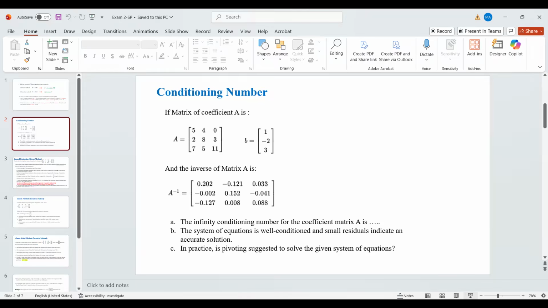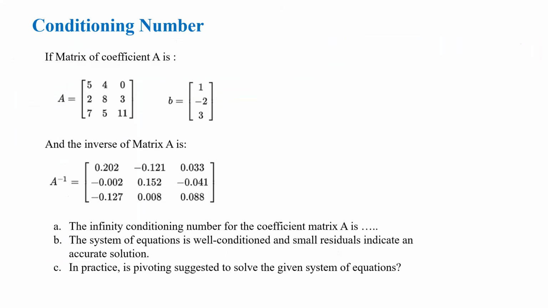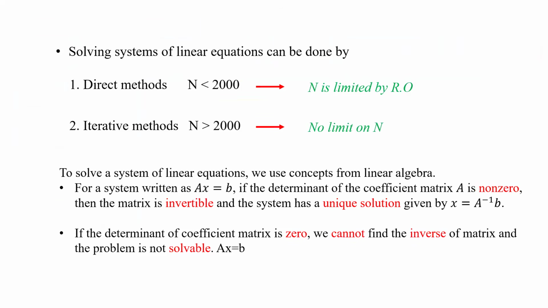First, we start with solving the system of linear equations. If you remember, for solving a system of linear equations, we have two options, direct methods and iterative methods. Once the number of equations is less than 2000, we can use the direct method. For the direct method, there is no truncation error, and the only error involved is round-off error.